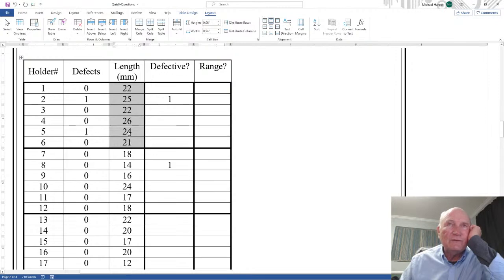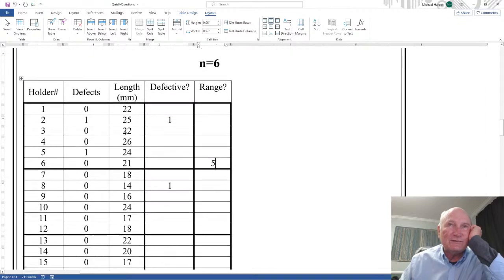Is that the maximum? 1, 4, 5, 2, 5. 26 is the maximum. What's the minimum? Well, the minimum is 21. So what's the range in this? It's going to be 26 minus 21, which is 5. Is that right? Yes, it's right, if I did my subtractions right.